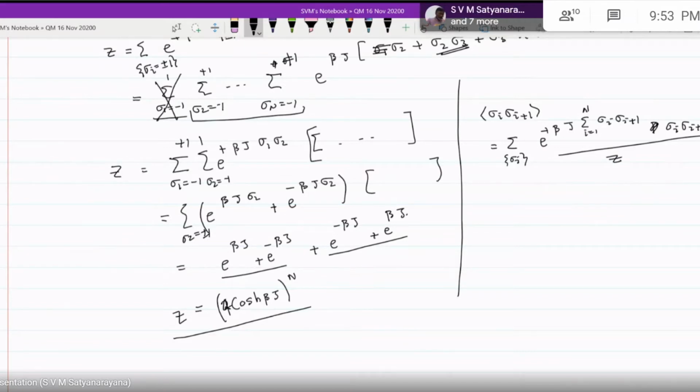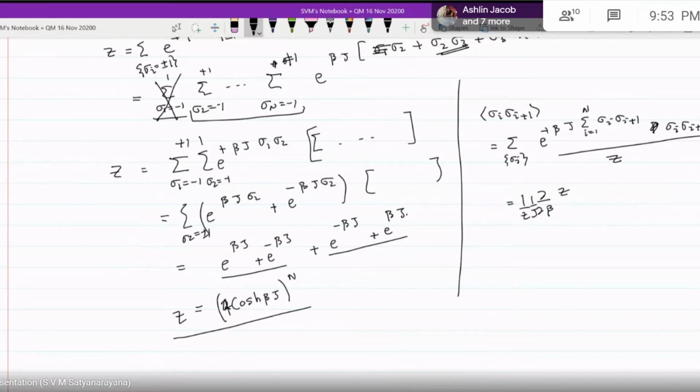So you can see that I want this factor to come out every time. So I can actually get it by taking ∂/∂β of 1/Z into ∂/∂β of this Z itself.